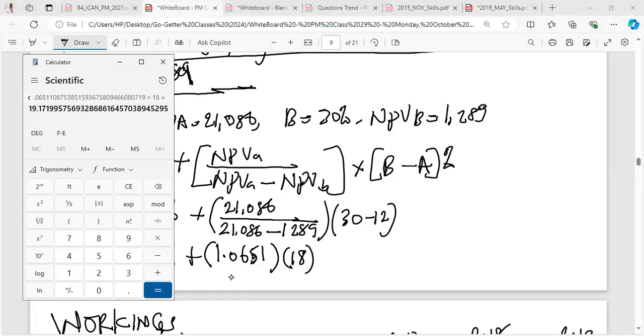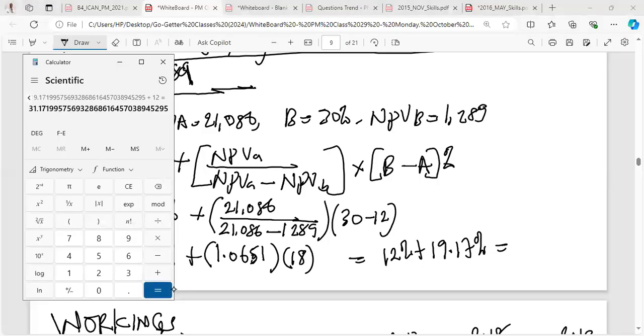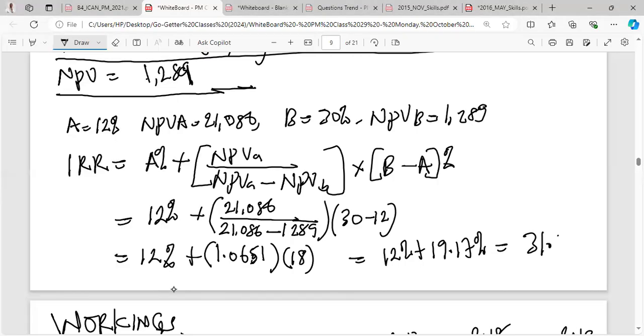So this is going to be 12% plus 19.17%, which I'll just add on to 12%, which is 31.17. So 31.17% is your IRR.